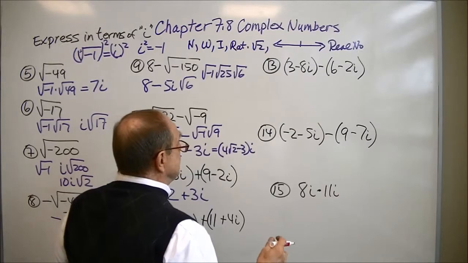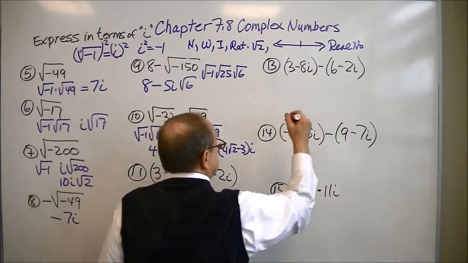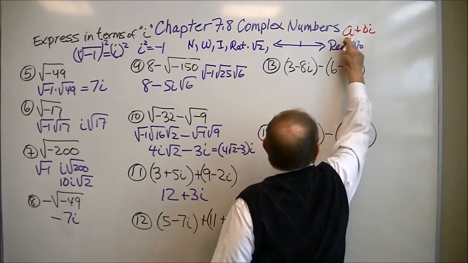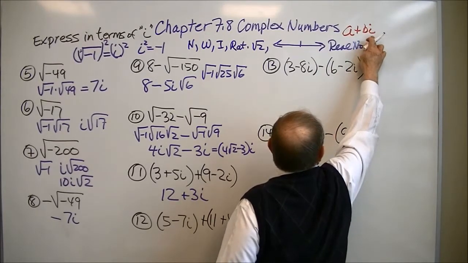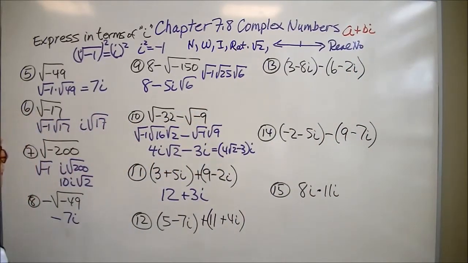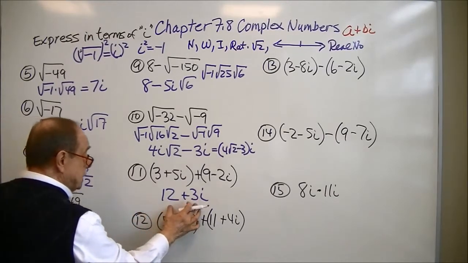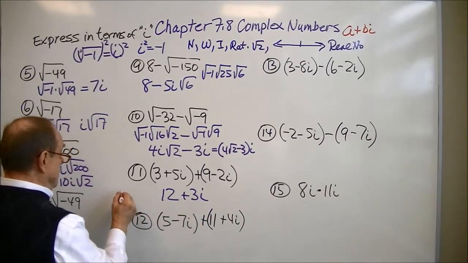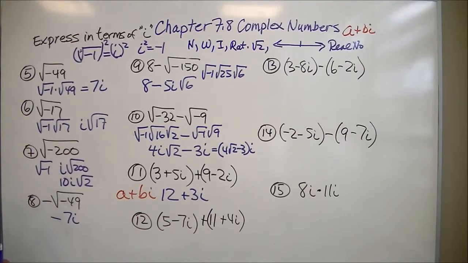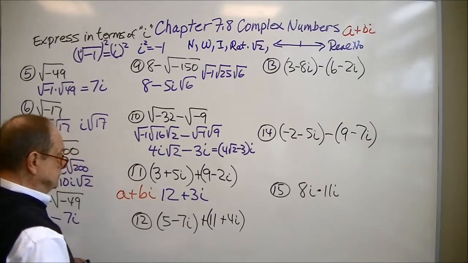And complex numbers, when they're written, must be written in the form of a plus bi, where a is a real number and i is an imaginary number. So the combination of the two make it a complex number. So we have written this number in standard form. Okay? And that's what we'll continue to do. Again, they might have had that in your class. We're just reviewing it here.